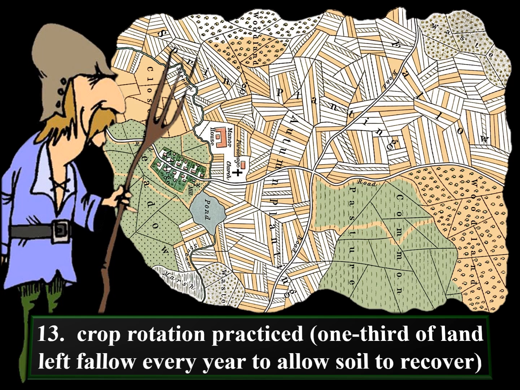And this would allow for the soil to rejuvenate. This was needed to be done in order to not wear out the soil by planting the same thing over and over again each and every year. But that did mean that only 2/3 of the land were under production on any given year. So that, of course, reduced the amount that any farm could produce by 1/3.